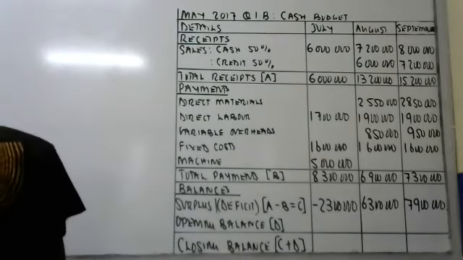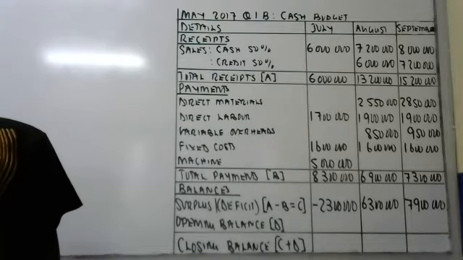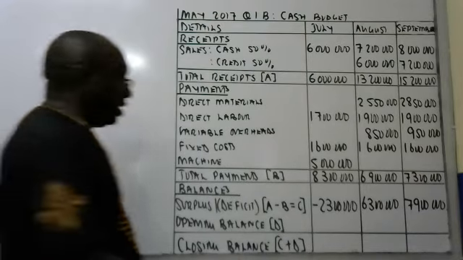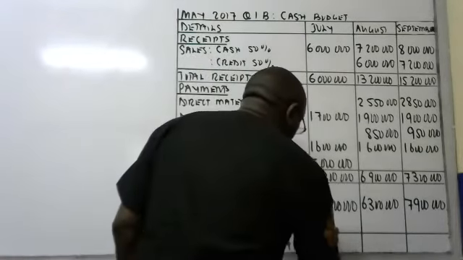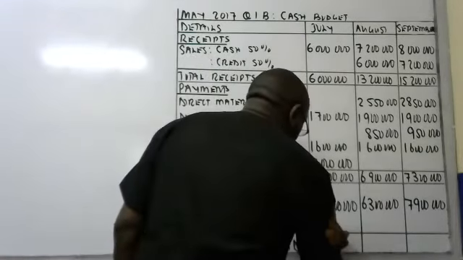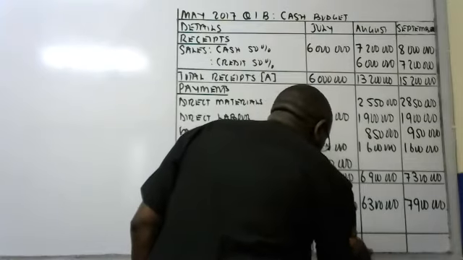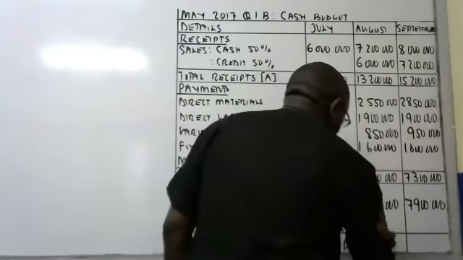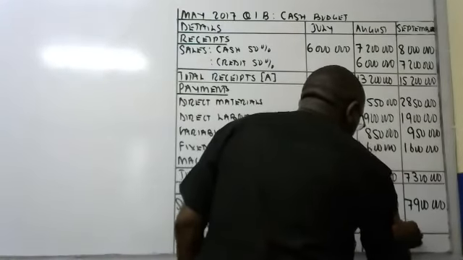And then we are told by information 9 that the opening cash balance was 5 million. So we opened with 5 million. So if you have that, it means you close with 2,700,000. And 2,700,000.